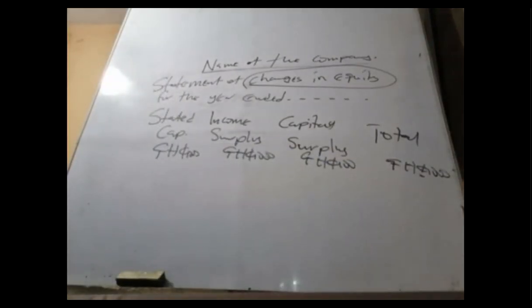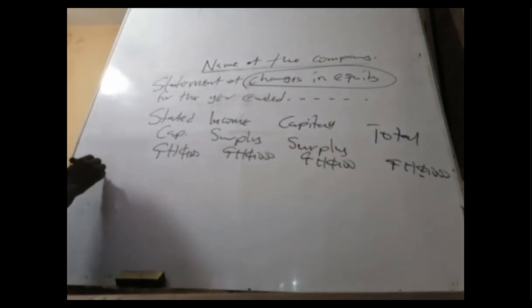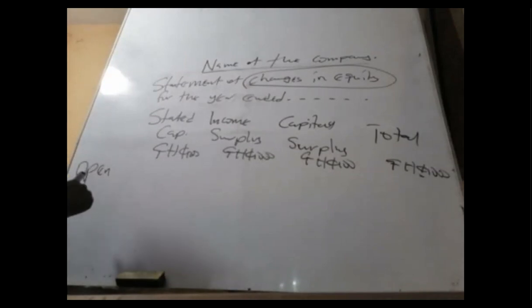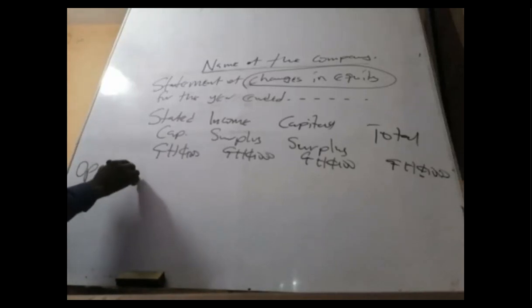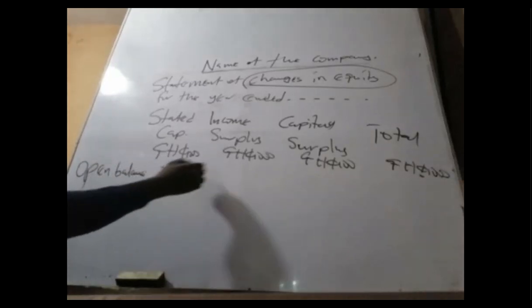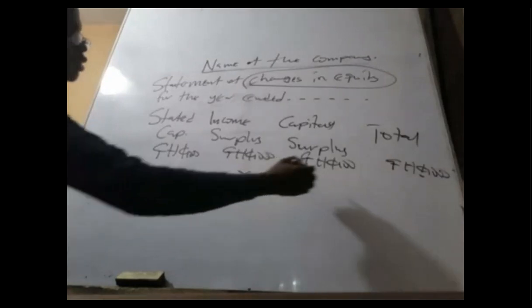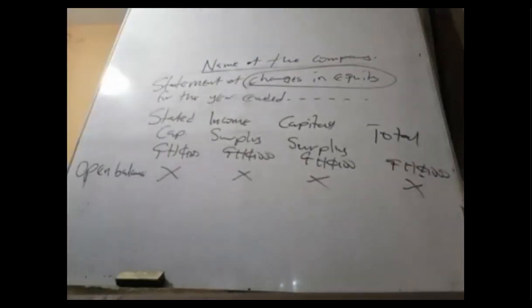Then you start with your opening balance. All of this, they will give it to you in a trial balance. So much, so much, so much, and write their total here.